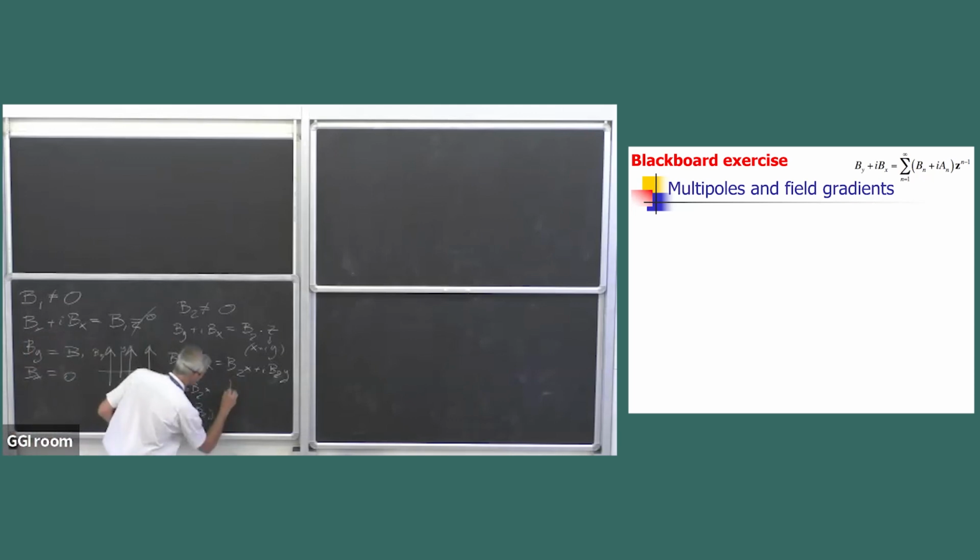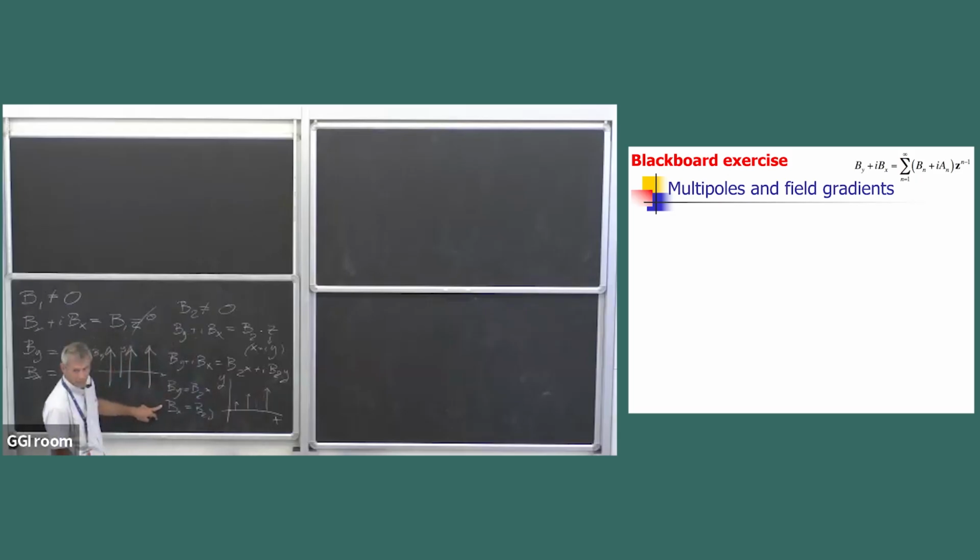Okay, so if I try to draw it, so By is growing along the axis x linearly, and there's no Bx. And Bx is growing linearly along the axis y, and there's no By. Okay?